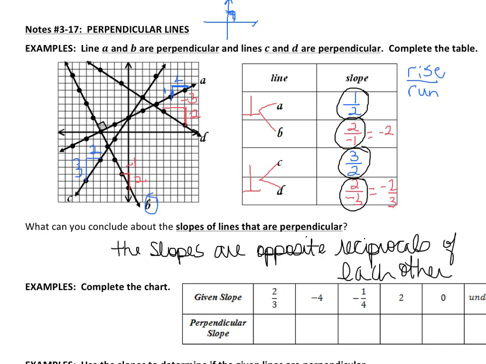So if you take 2 lines and you find the slopes of those 2 lines, if they are opposites, so one's positive, one's negative, and if they are reciprocals, meaning that you flip them, then they are perpendicular lines.